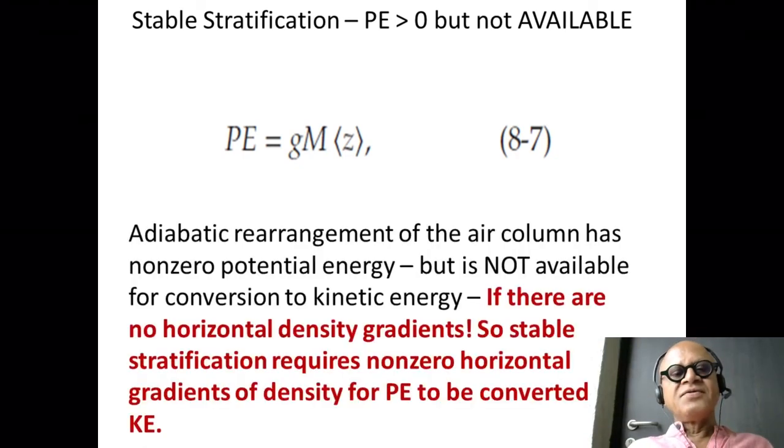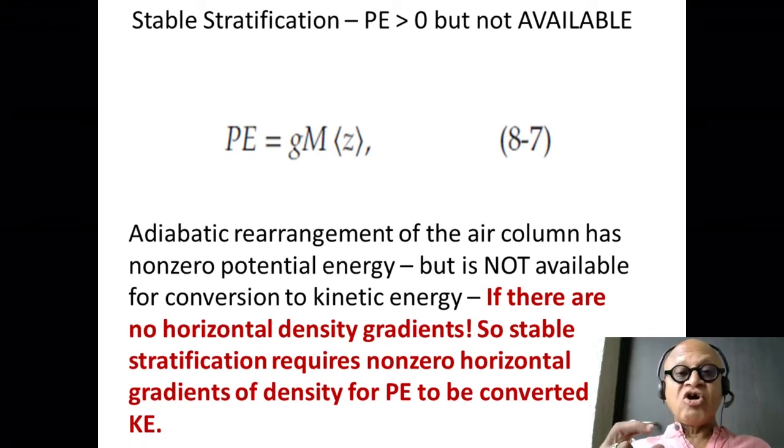Okay? We are doing it in a kind of heuristic argument, but we will soon see the special situations where this stratification energy can actually be released, how the potential energy that's locked up there can be released. Okay, so remembering our expression, potential energy is gravitational acceleration times the mass times the height of the center of mass. Adiabatic rearrangements of the air column have non-zero potential energy.